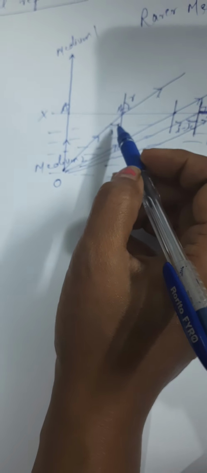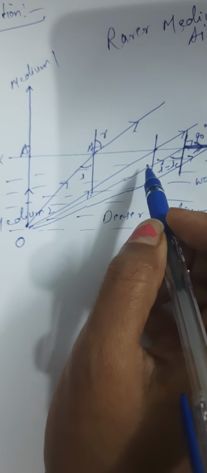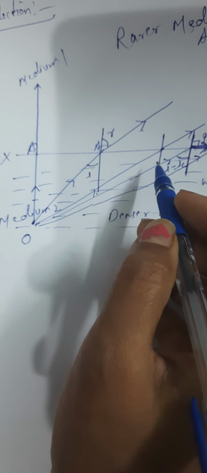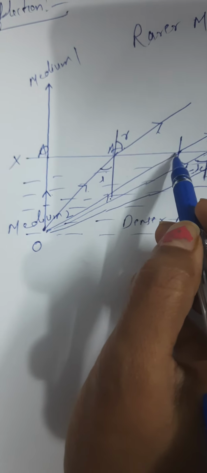Now you can write. Consider an object in the denser medium, and a ray OA incident on XY bends away from the normal. As the angle of incidence is increased, the angle of refraction goes on increasing.